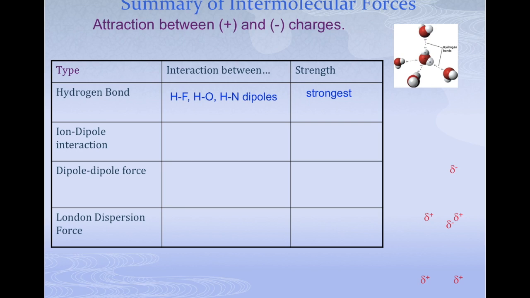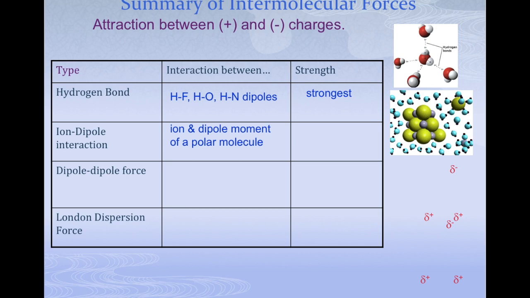The next type of intermolecular force we're going to talk about is the ion-dipole interaction. This is due to an ion, such as an ion from an ionic compound, and the dipole moment of a polar molecule. It can be any polar molecule.